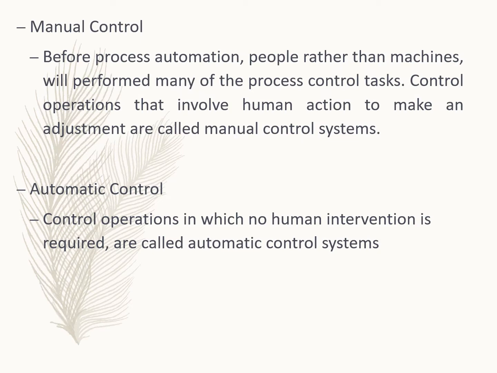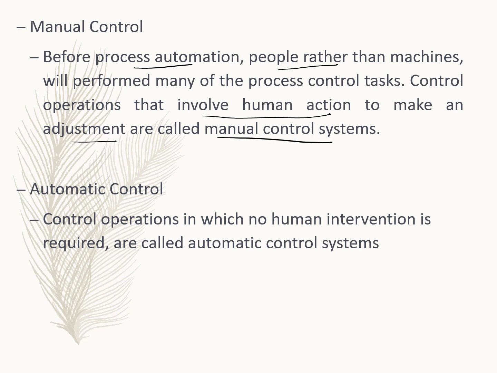Manual control is used before process automation. People rather than machines perform many of the process control tasks, as in the figure that I showed you before. Control operations that involve human action to make an adjustment are called manual control systems.